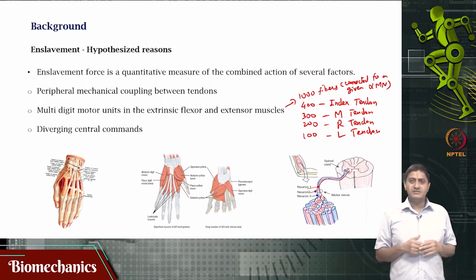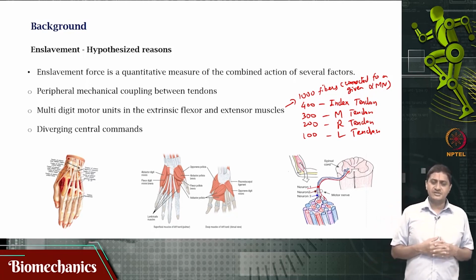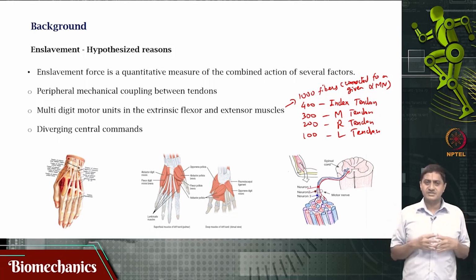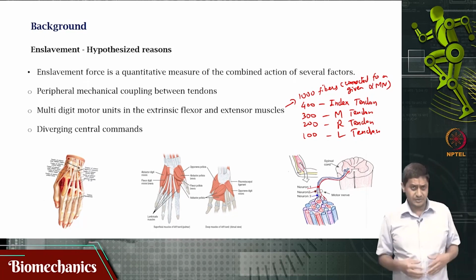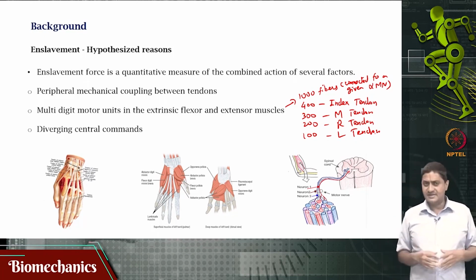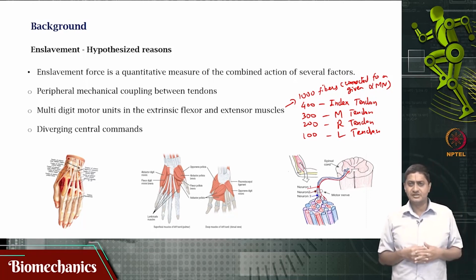Now, when this alpha motor neuron fires, all these 1000 muscle fibers will fire. That means if 100 units of force, let us say 100 millinewton or whatever, is produced by the little finger, then 400 units of force will be produced by the index finger.